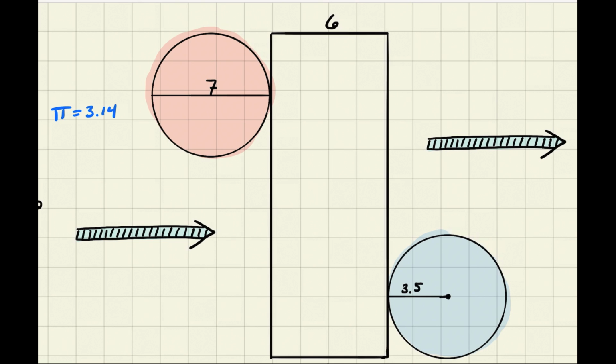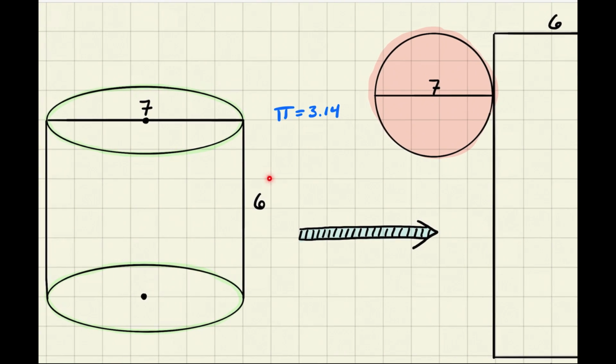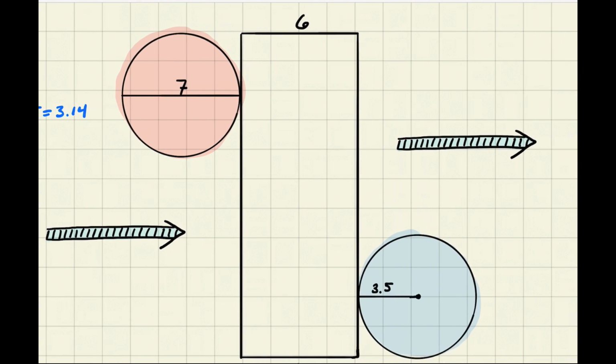And the part of the can or cylinder that the label would go on, that's this giant rectangle right here. It would get folded around into like a tube. And so that, notice the 6 here, is the exact same as the height of the cylinder. This 6 actually represents, I think this is a very important point to make, the height of the cylinder.